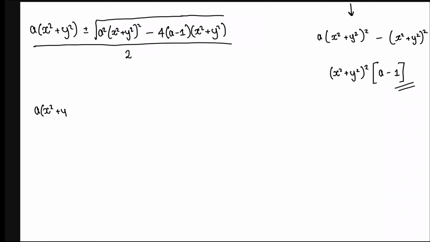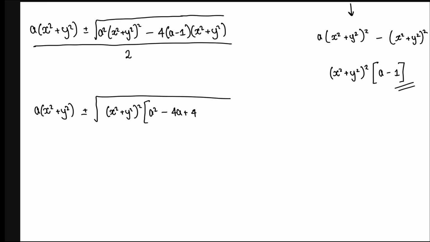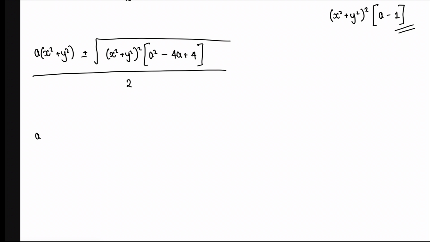If we now, just looking inside the square root, factorize out (x squared plus y squared) to the power of 2, we're left behind with a squared over here, and over here we're left behind with minus 4a plus 4 if I expand this out, and that's all divided by 2.